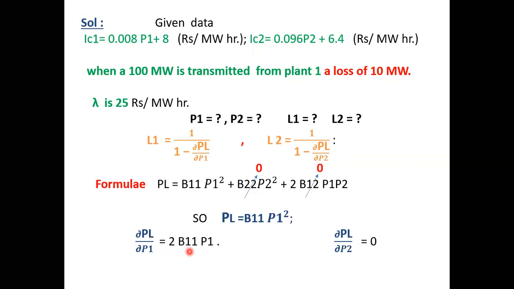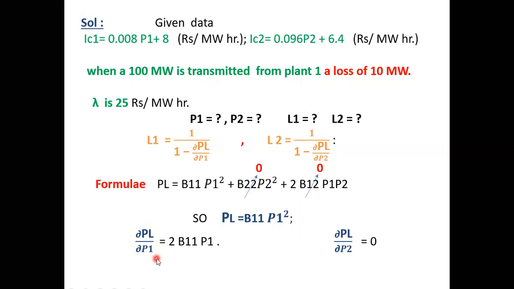But still, we can find the value of dou PL by dou P1 using the given data. So what is the given data here? One more given data: when 100 megawatt is transmitted from plant 1, a loss of 10 megawatt occurs in the transmission line. This is very, very important given data. By using this point, we can understand how to get the answer for dou PL by dou P1.